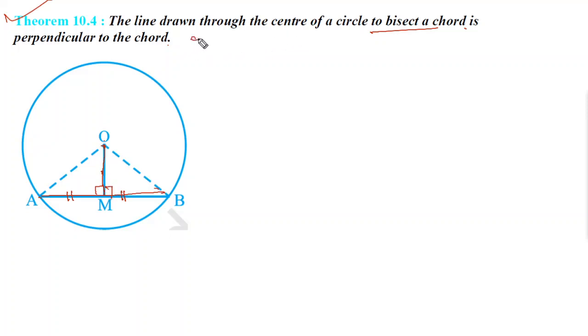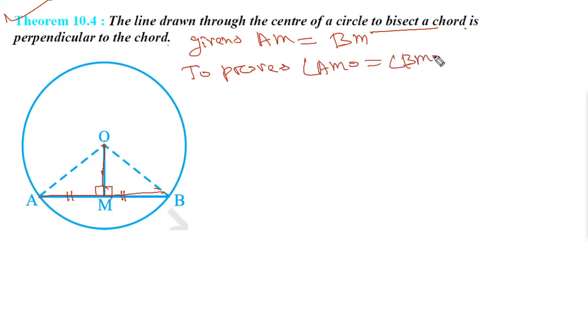First we write given. Given is AM equal to BM. To prove, perpendicular, we have to prove angle AMO equal to angle BMO equal to 90 degrees. That is what we have to prove.